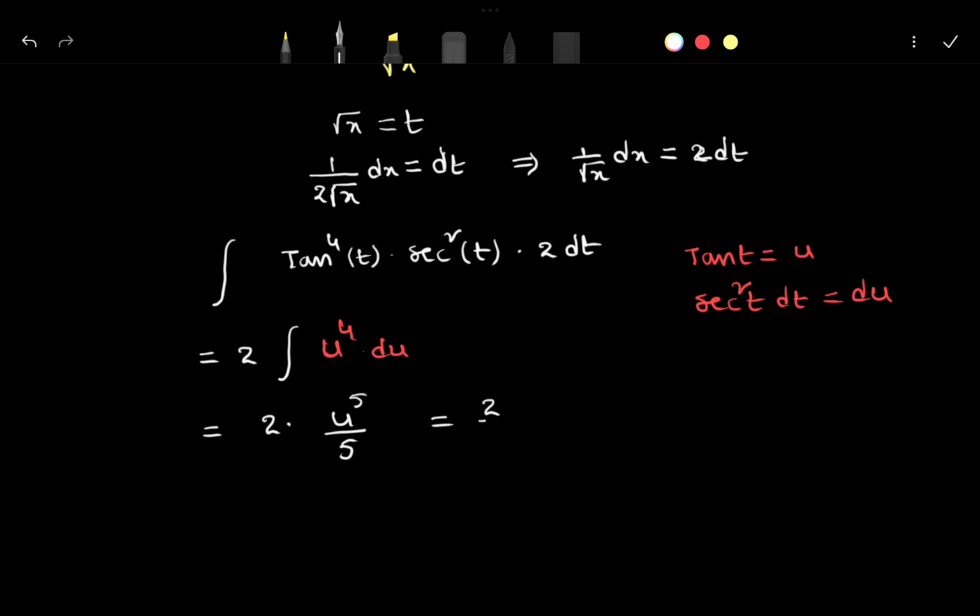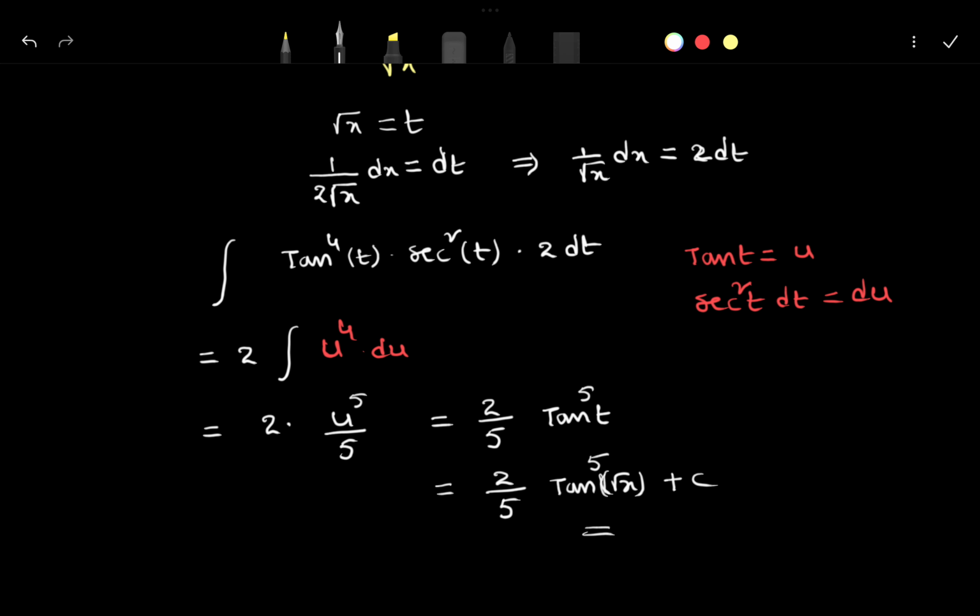This is 2 by 5 into u, and u means tan t, so tan of t whole to the power of 5. What is the t value? t equals root x. So your final answer will be 2 by 5 into tan of root x whole to the power of 5 plus c.